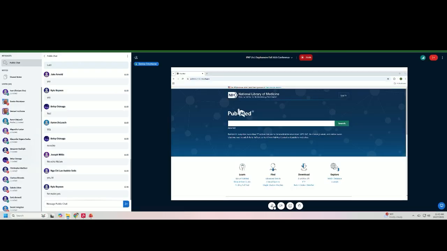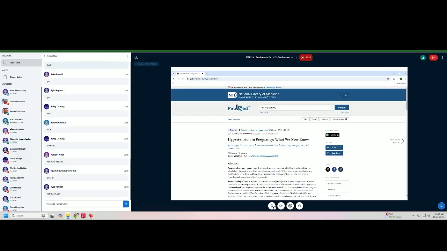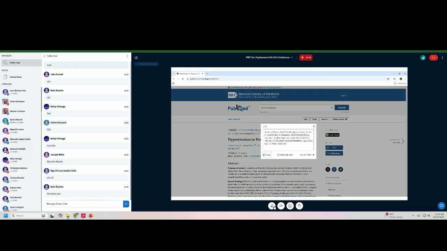Or you can just plunk the name of your article right into PubMed. And then when PubMed finds it, you hit this little button here, citation. And then this is going to pop up. Note here that the format is not what you're looking for, so you just hit that drop arrow.